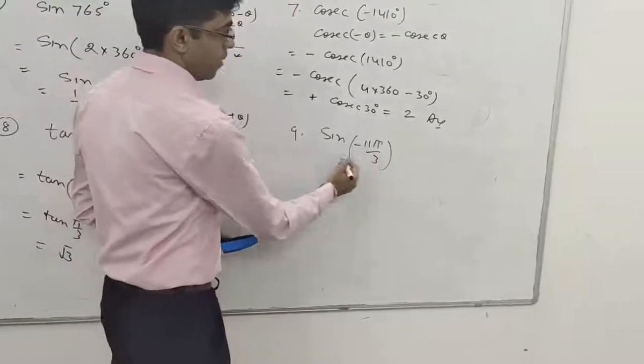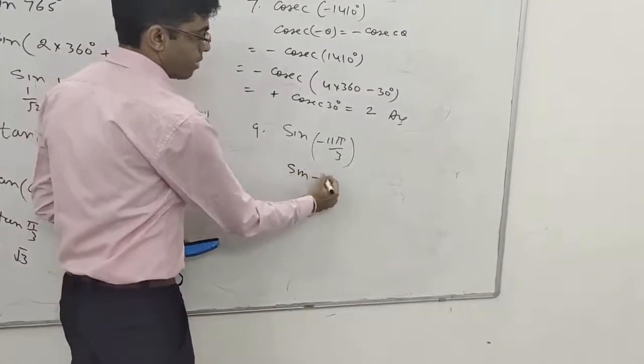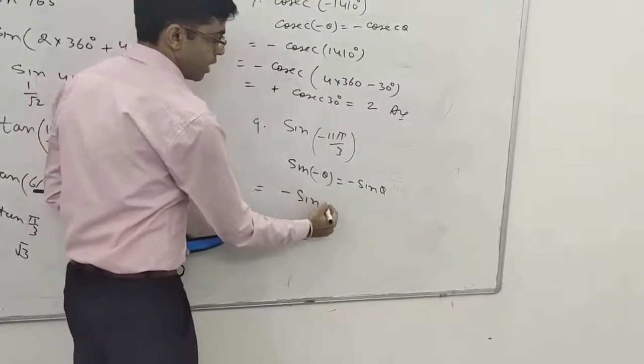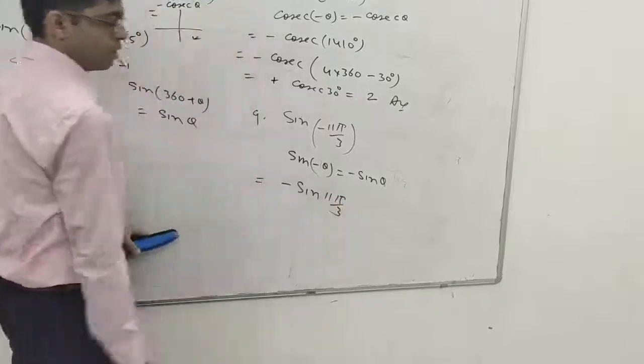Sine negative. First of all sine negative theta is negative sine theta, so this is minus sine 11 pi by 3.